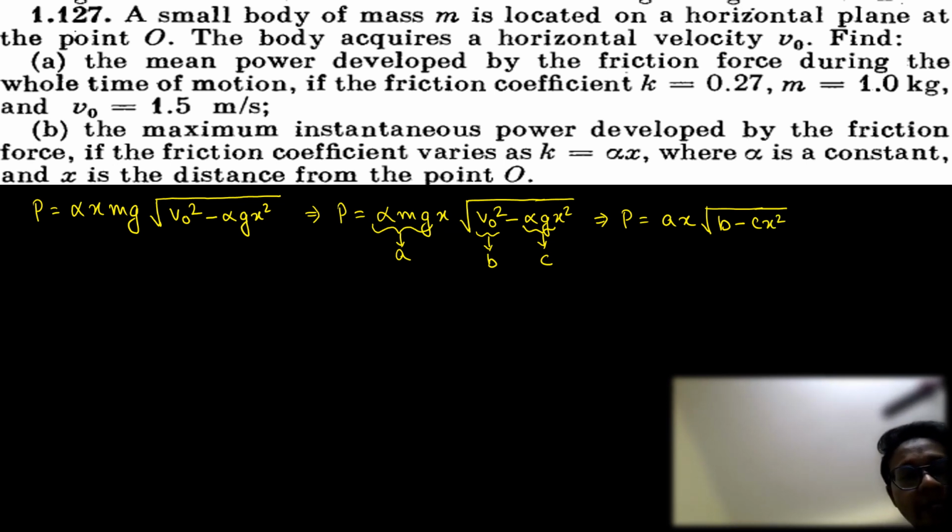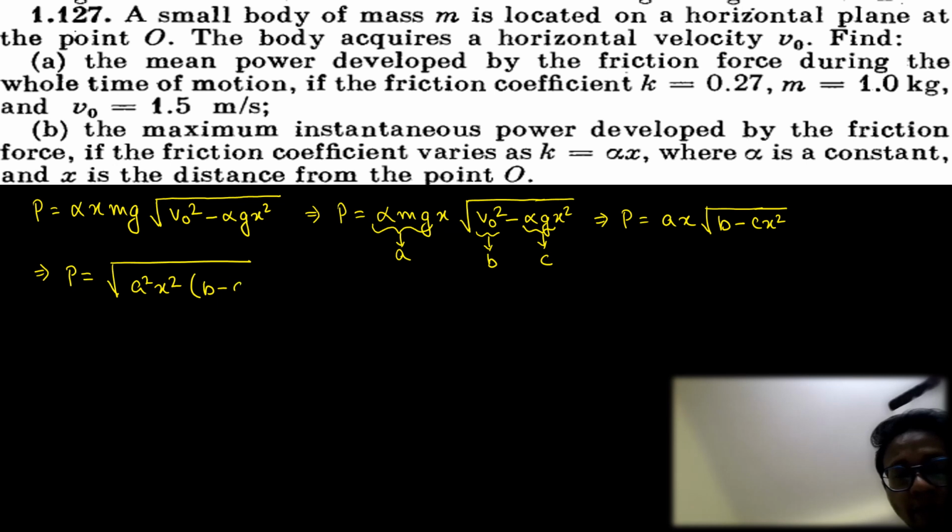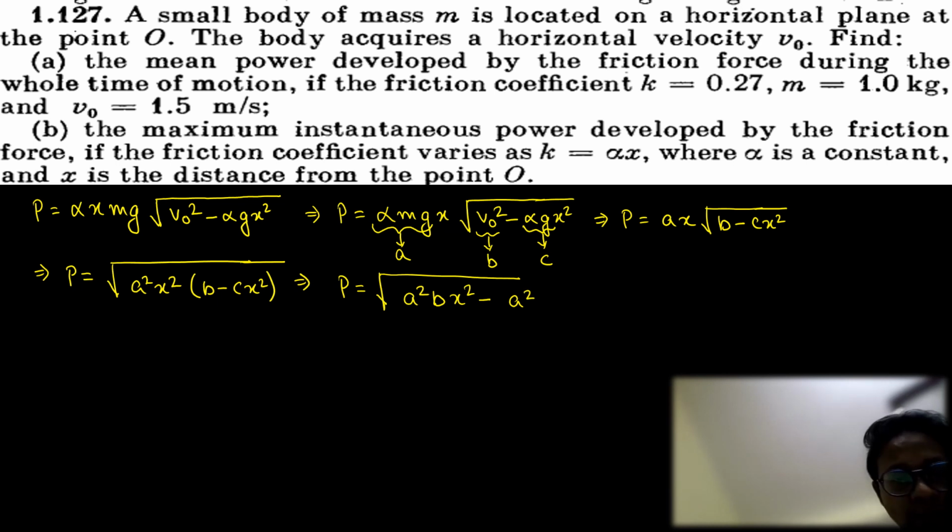Now see, if I put a x inside the bracket, under root of a square x square into b minus c x square, or p is equal to under root of a square b x square minus a square c x to the power 4.